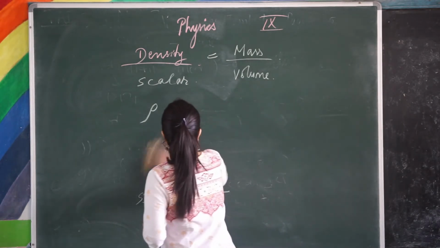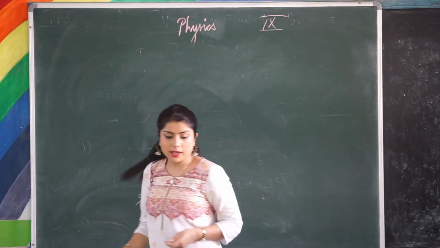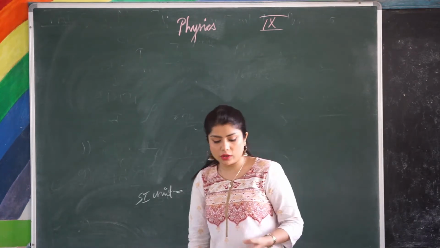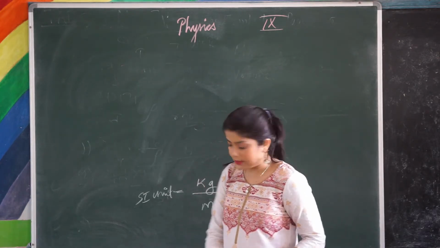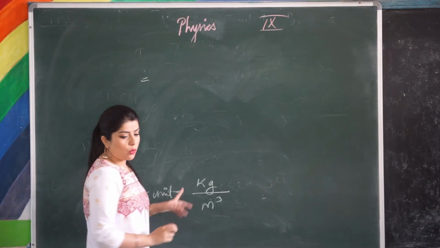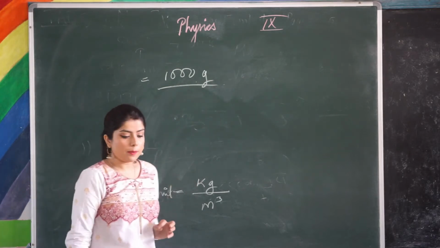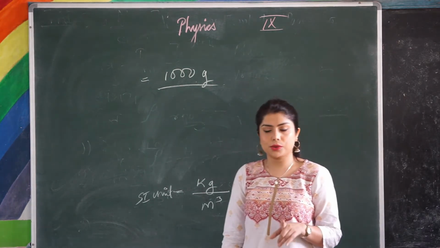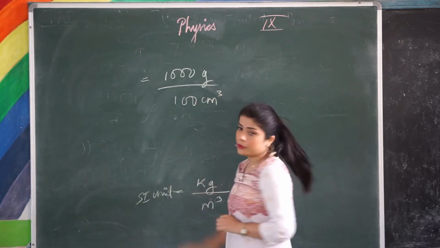Now this is in terms of the SI unit. But in terms of the CGS unit, when we have to convert 1 kg per meter cube into gram per centimeter cube, how do we do that? Over here, 1 kg is equal to 1000 gram. And 1 meter is equal to 100 centimeter, so it is 100 centimeter cube.